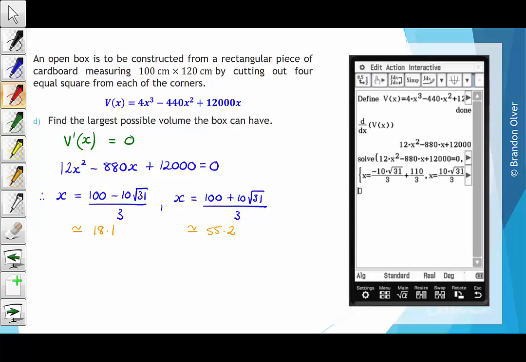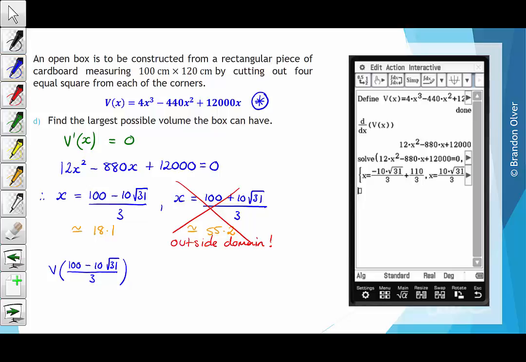And now remembering that our domain said that x needed to be between 0 and 50, we can see that this is not a solution to our problem because it's outside the domain. Therefore, we can calculate the maximum volume by substituting (100 subtract 10 root 31) all over 3 into our volume expression, which is up here.